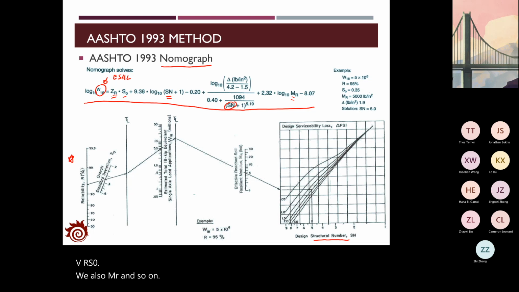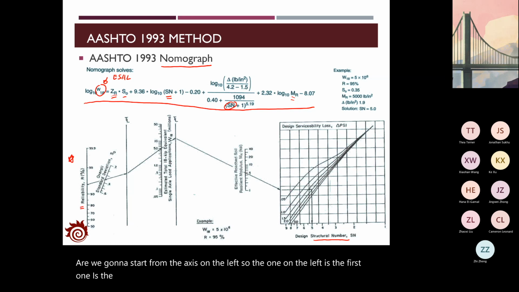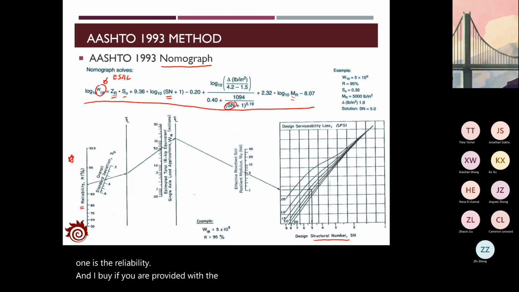So first of all, to go through the Nomograph, we're going to start from the axis on the left. The first one on the left is the reliability. Say that we are provided a reliability of 95%.